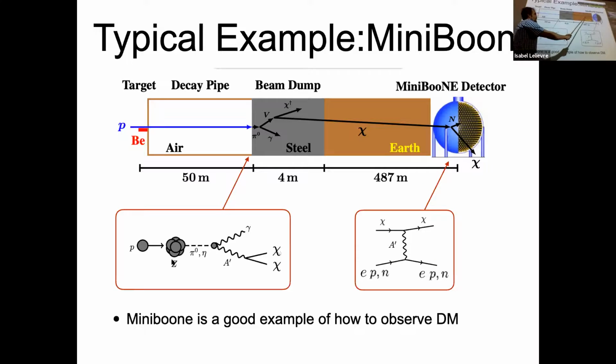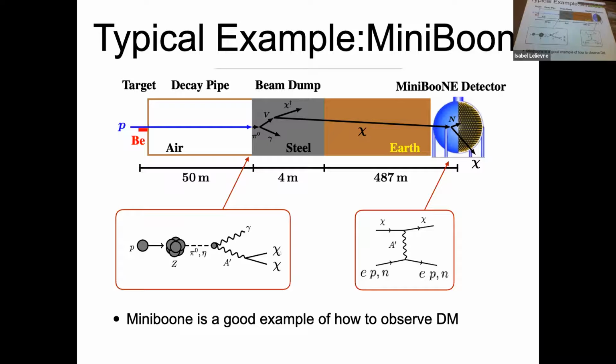The dark matter goes through some distance, like 0.5 kilometers, and then goes into your neutrino detector. You look for dark matter scatter off some nuclei in your neutrino detector, which is liquid argon. It's sensitive to low energy scatters, and so you can look for dark photons as well.